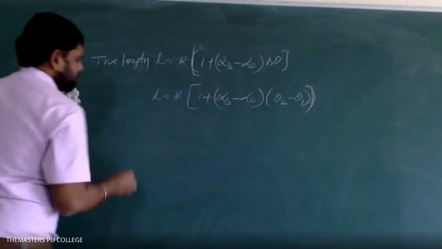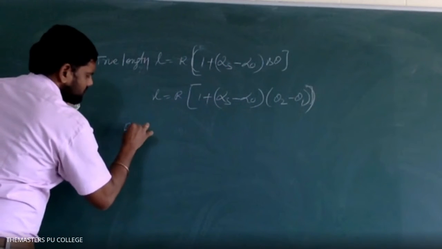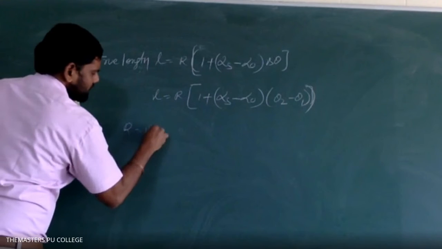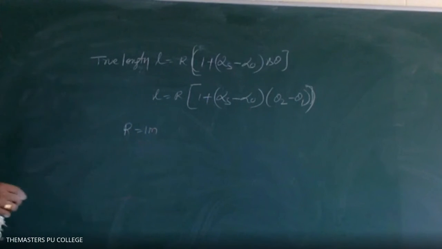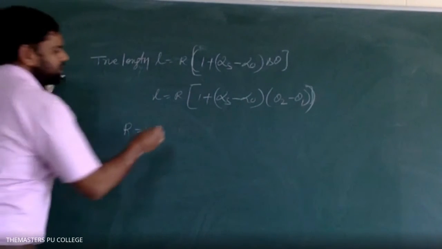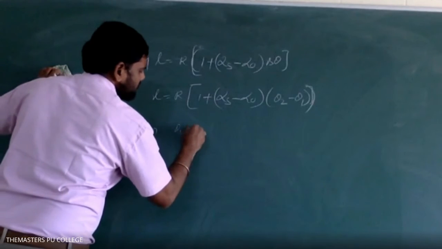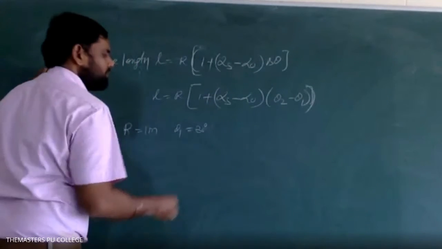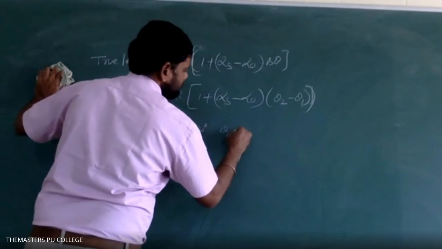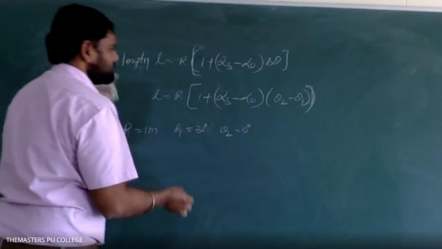Therefore, reading equals 1 meter. Initial temperature theta 1 equals 30 degrees and final temperature theta 2 equals 0 degrees.